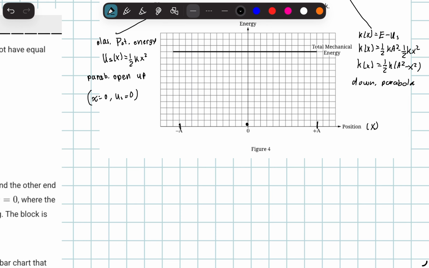Then at x equal to positive a, it touches, and then at x equal to negative a.